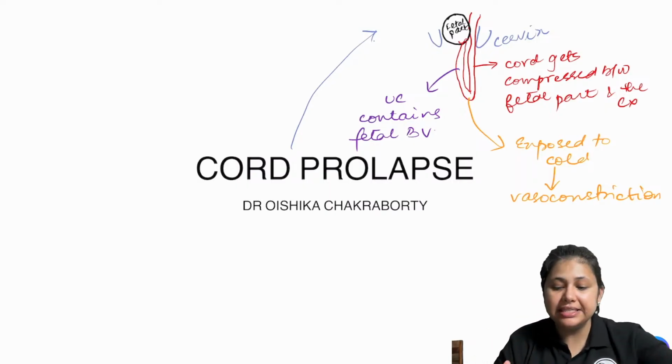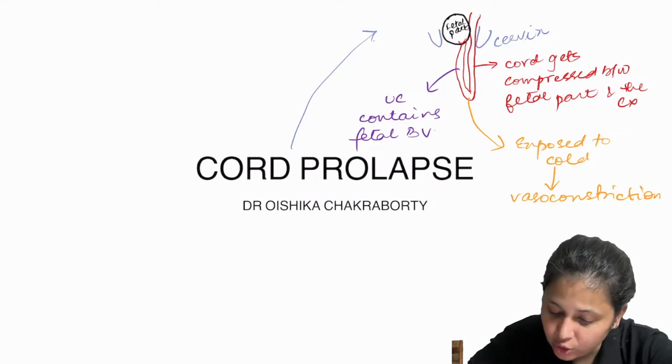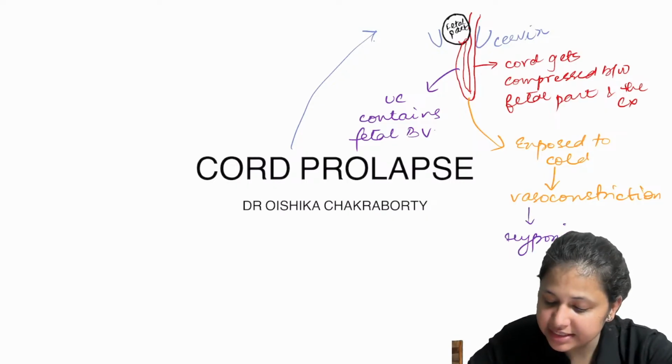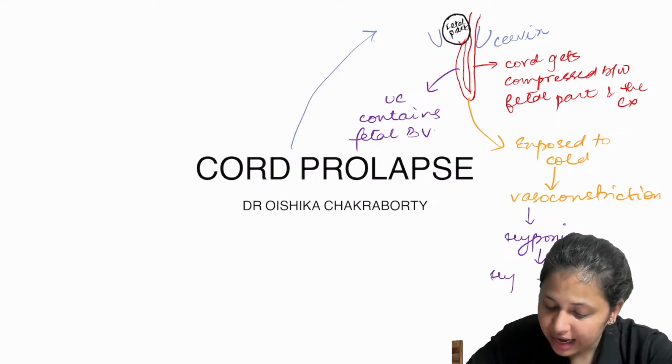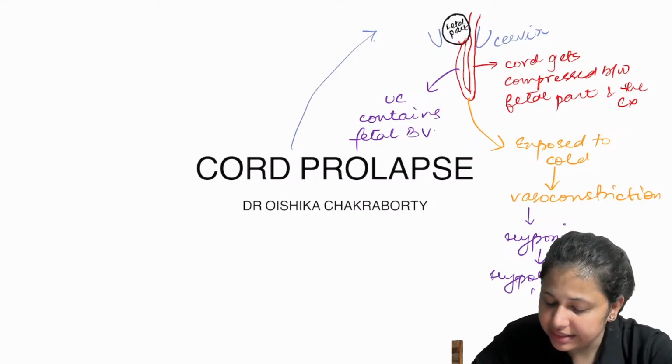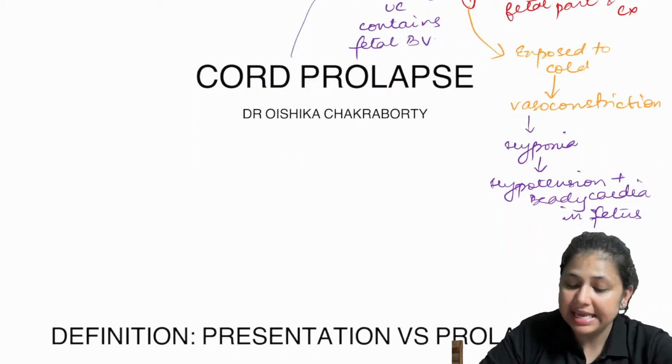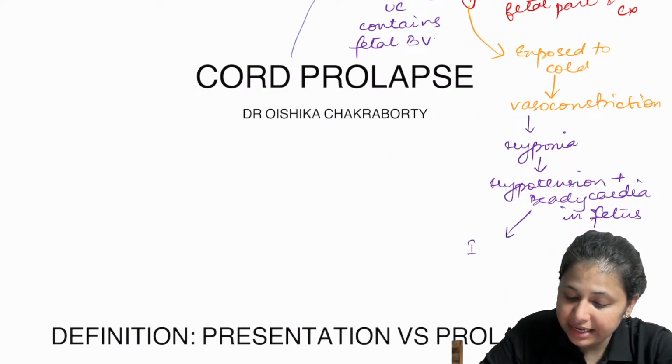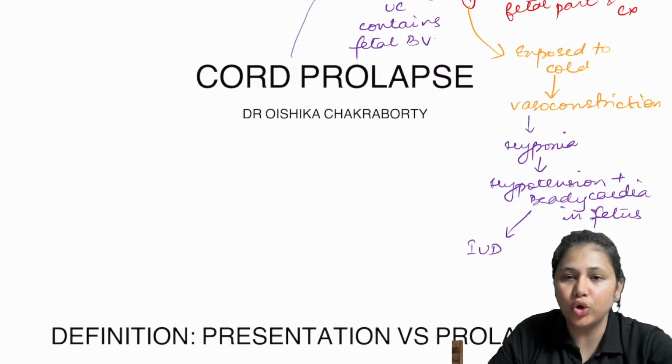The baby is going to go into hypoxia. This is going to lead to hypotension and bradycardia in the fetus. Eventually the fetus can land up in an intrauterine death situation.